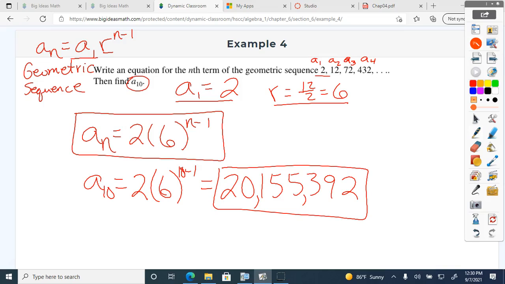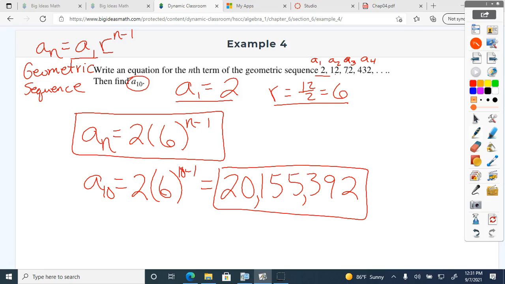So it's beneficial to remember this, but if by chance you don't, no big deal. Just keep multiplying by 6. So we have 1, 2, 3, 4. We would need to multiply by 6 six more times, and that would give us the 10th number.